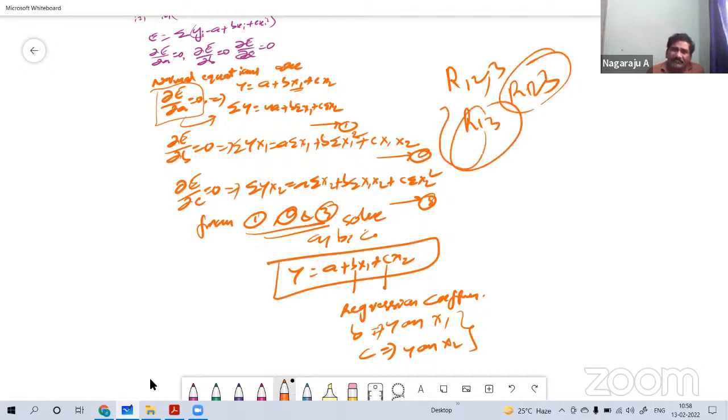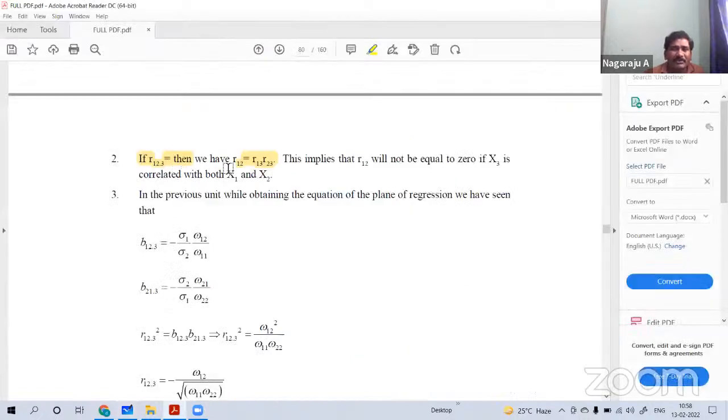These two coefficients are involved in R12.3. That is the information we can check here. So R12.3 means R12, R13 and R23, and two regression coefficients, individual coefficients, are involved at a time. That is the information of R12.3.